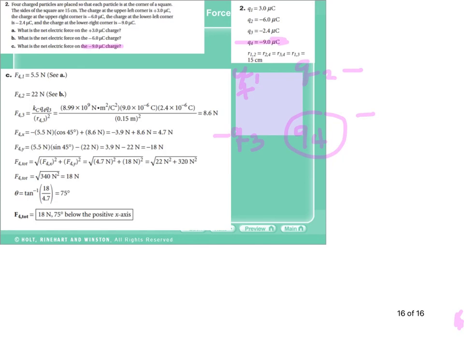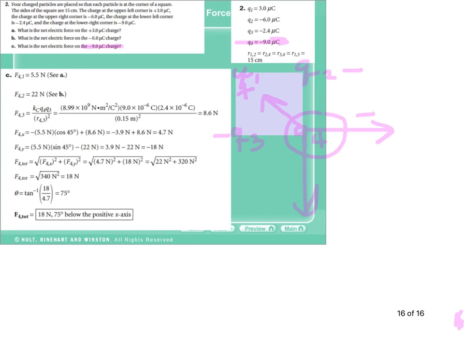So that means Q2 and Q4 are repelling, so they're going down this way. Q1 and Q4 are attractive, so it's coming up this way. And Q3 and Q4 are repulsive, it's going that way. So those are the three vectors we want to apply.